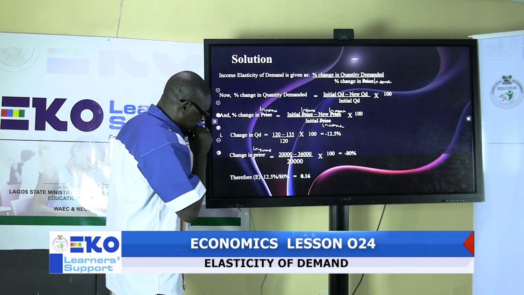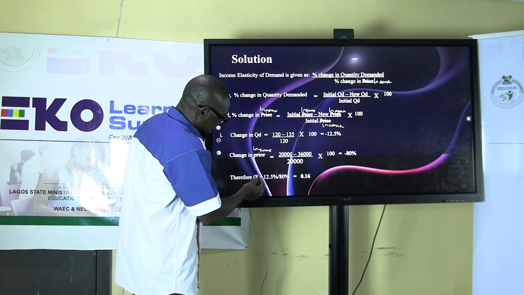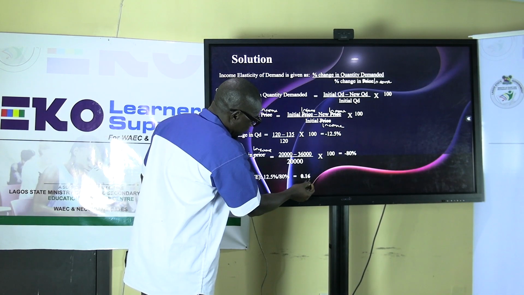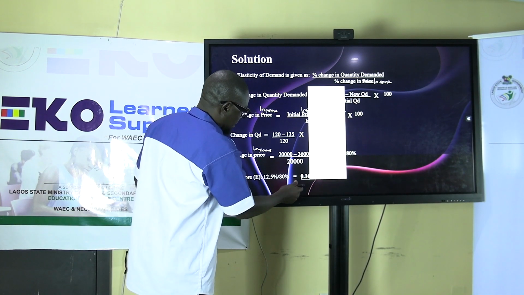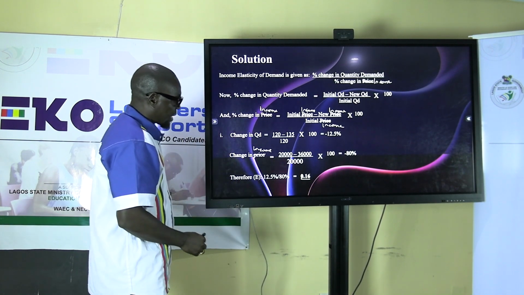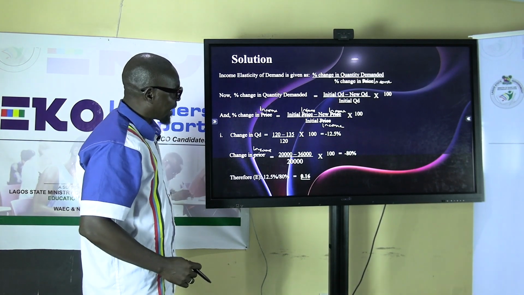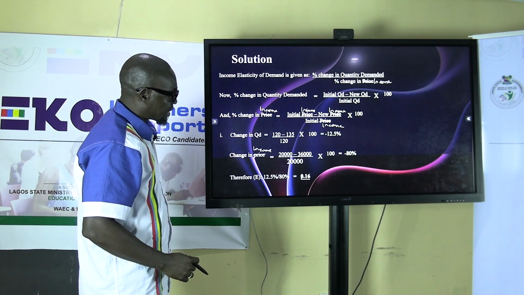And if we divide 12.5 by 80%, we get 0.16. And this is our coefficient of income elasticity of demand for that particular case.